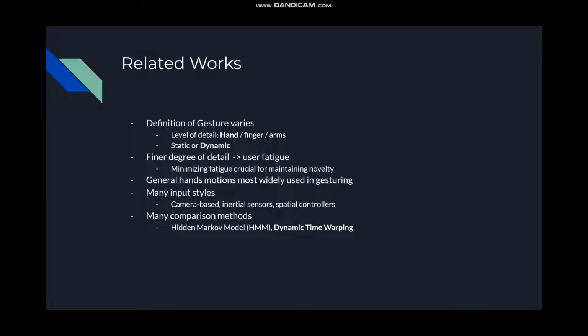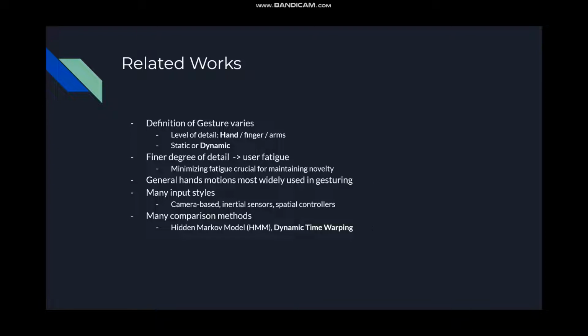The literature also touched on how a finer degree of detail in the task induces user fatigue faster, which was also touched on in the course material, so it really wasn't surprising to see that in the literature. And as such, minimizing fatigue is crucial for maintaining the novelty of such a gesture system, and of course, maintaining the whimsy involved in spellcasting.